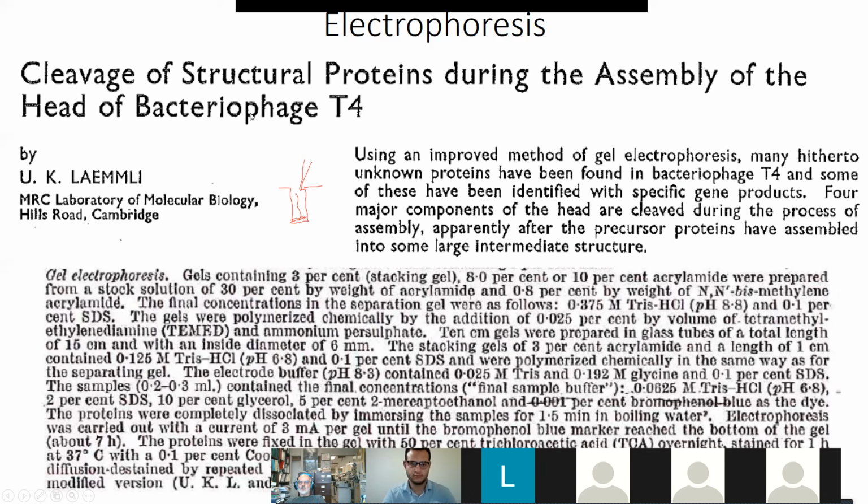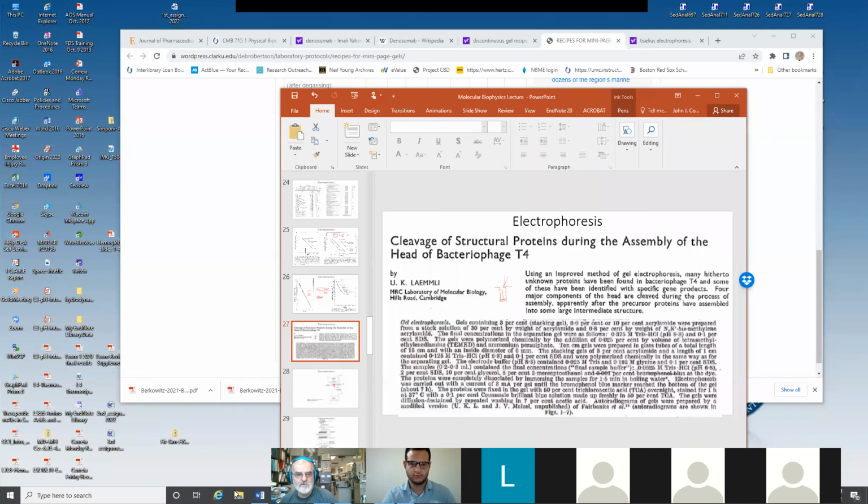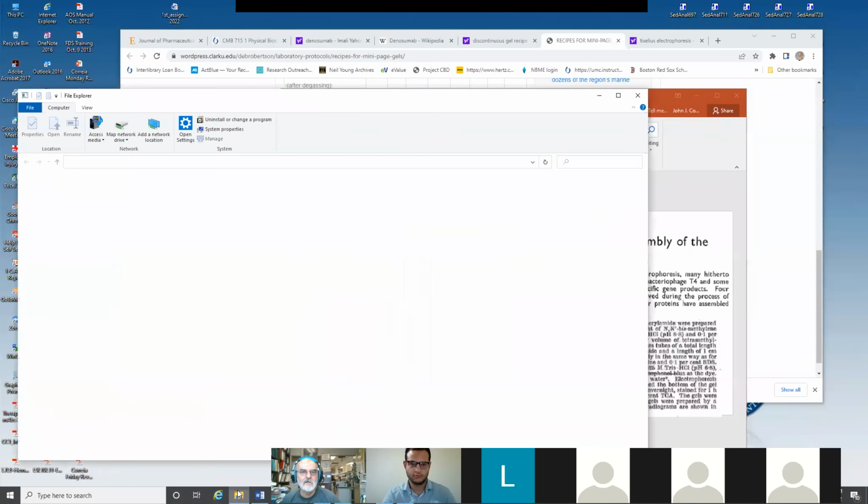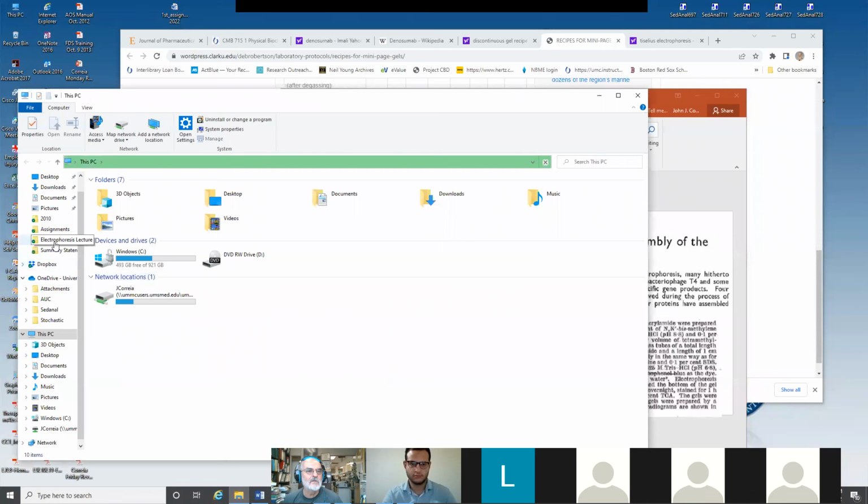It's using different protocols to watch the development of the virus as it grows. And it's the resolving power that gives the power of this technique. So let me actually go get that paper so I can show you at least one gel.